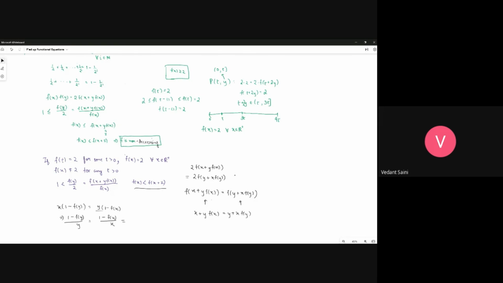So this becomes a constant. You can fix y now and vary x, or fix x and vary y. So this becomes a constant, which implies 1 minus cx is f of x.